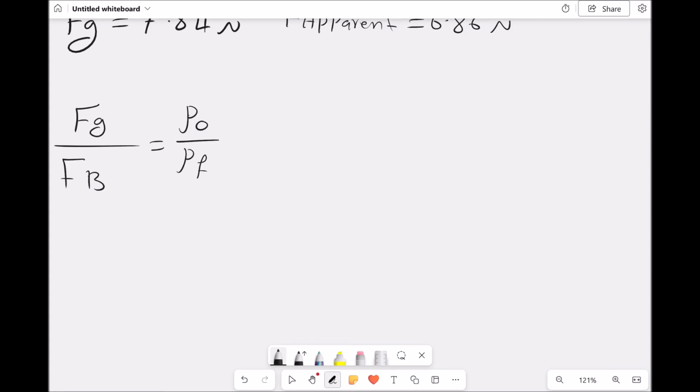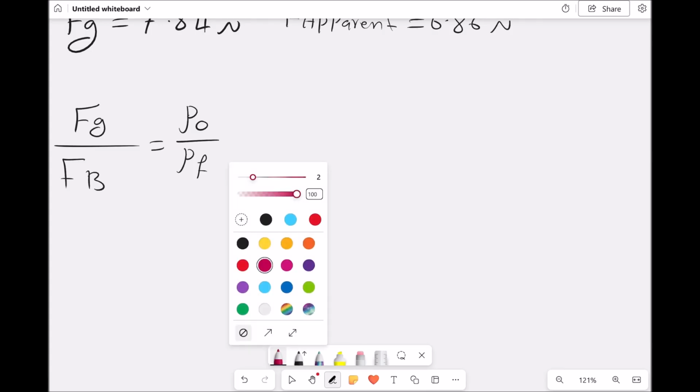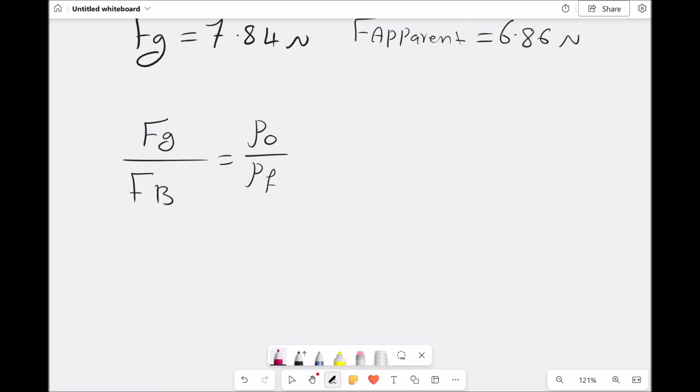Now look guys, you should always try to answer these questions like this. Do I have Fg? Yes, I have it here. Do I have Fb? No, so let's find this one. Do I have the density of the object? No, I don't have it. Do I have the density of the fluid?